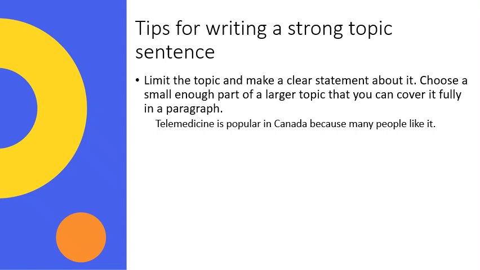Telemedicine is popular in Canada because many people like it. So I can see that my topic is telemedicine, and maybe this paragraph will talk about reasons why it's popular or why people like it, but it's really too broad of a topic. So this is not a good topic sentence.